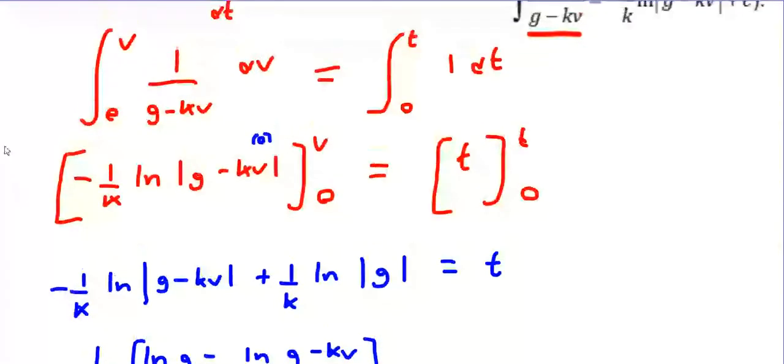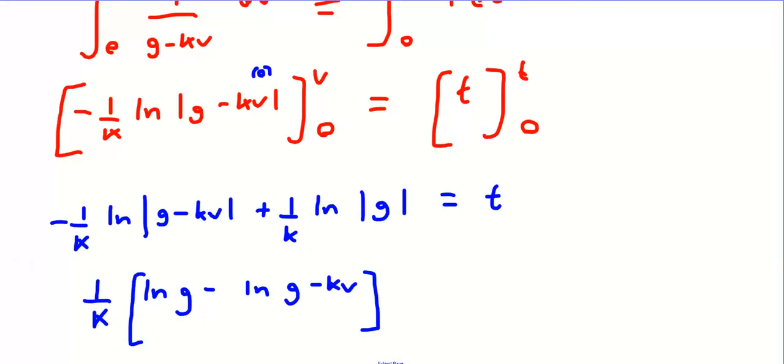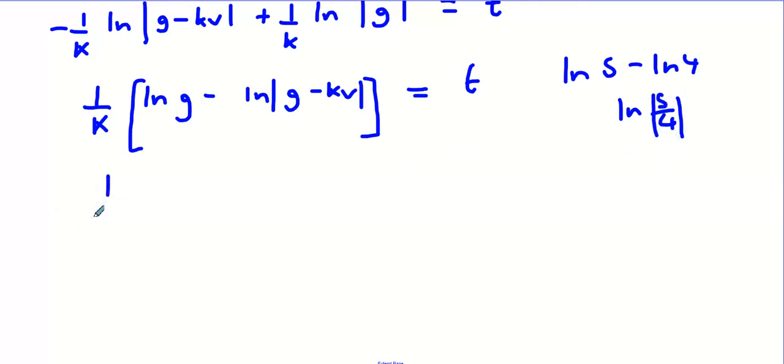And what it wants is v on its own. Okay, so that's where the issue is going to be. So I'm going to remember the division rule of logs, where you take log 5, take away log 4 would be log 5 over 4. You can put in those brackets if you want. So I'm going to bring that k up to get rid of it for a second.